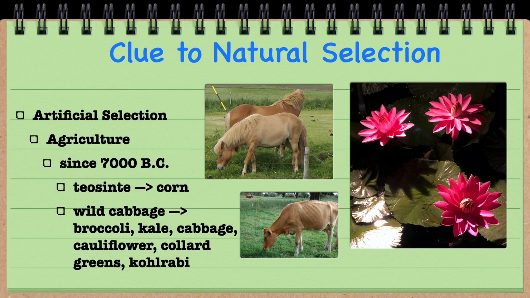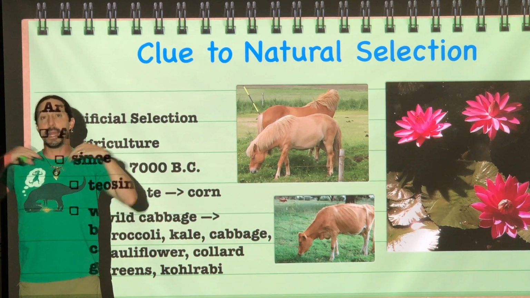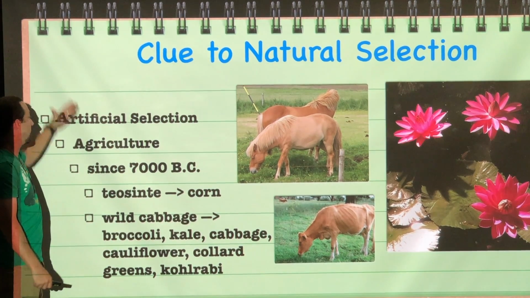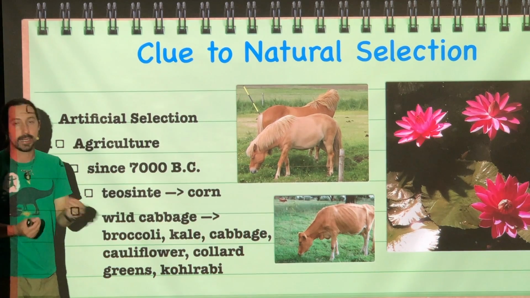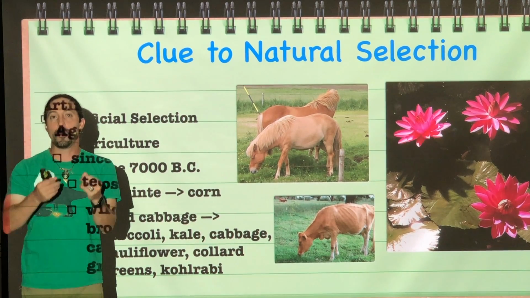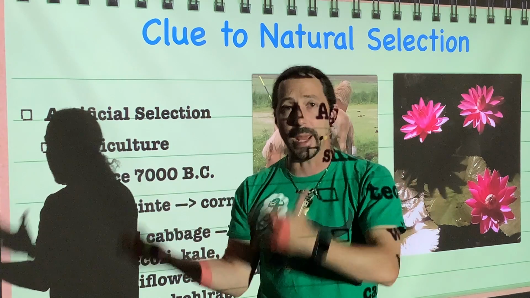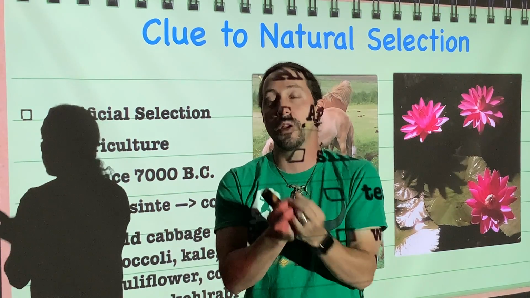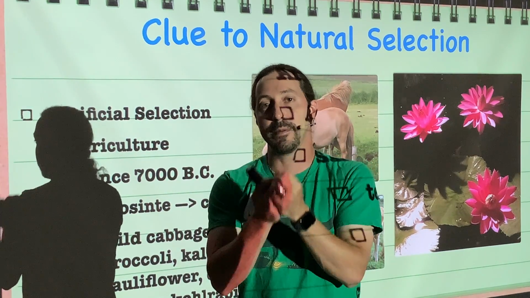One of the clues that we see for natural selection is actually what we have done for many, many years in agriculture with artificial selection, where we have taken different organisms and modified them over many years by breeding the specific type that we wanted with another of that same type.